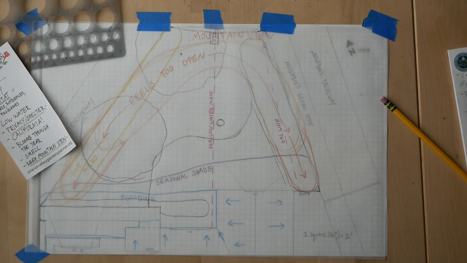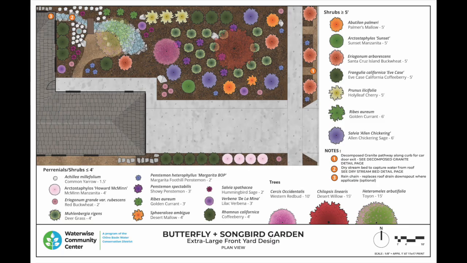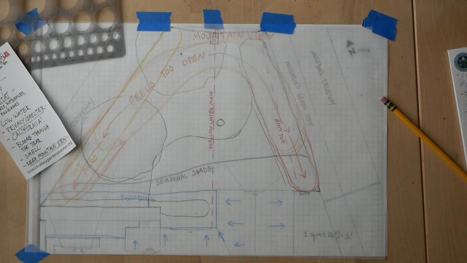You also might want to look at, for example, the extra large, no matter what size you have, because sometimes in these examples, the extra large landscapes have a variety of different things that they need to accomplish, and it's a much larger space.